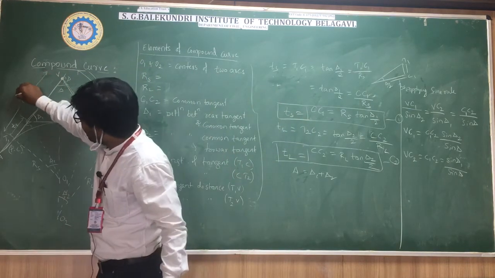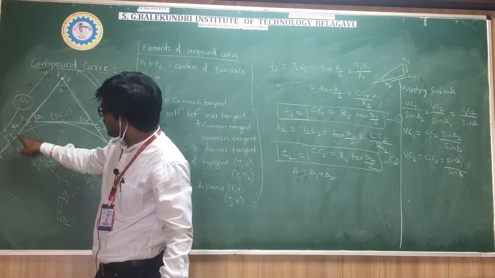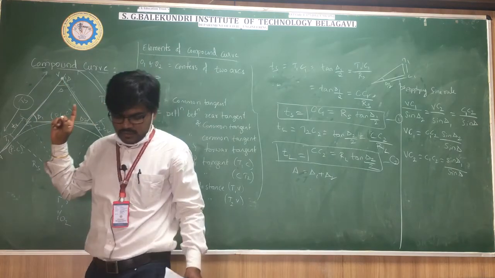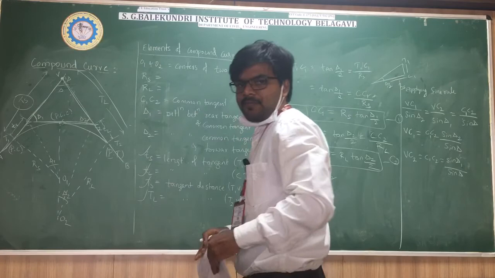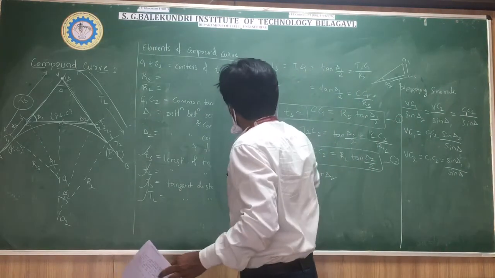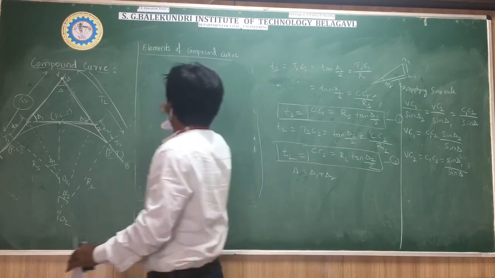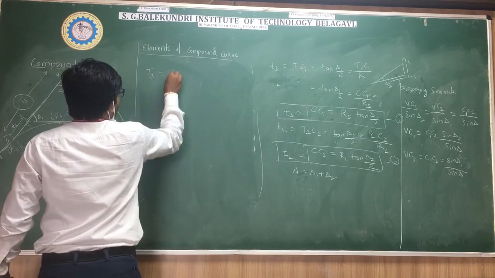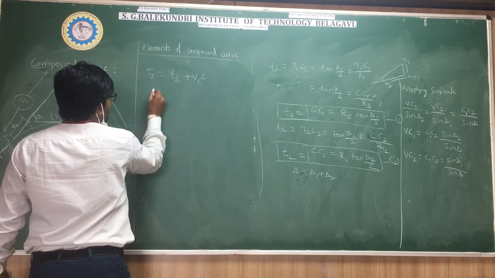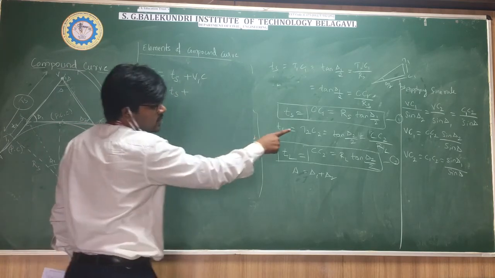So what I want is TS. So this TS can be written as small ts plus VC1. How will you write TS now? Small ts plus V1C, and what is V1C?